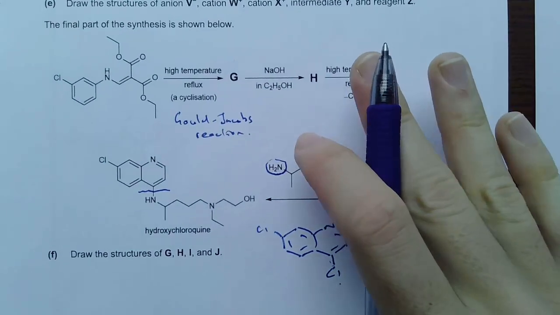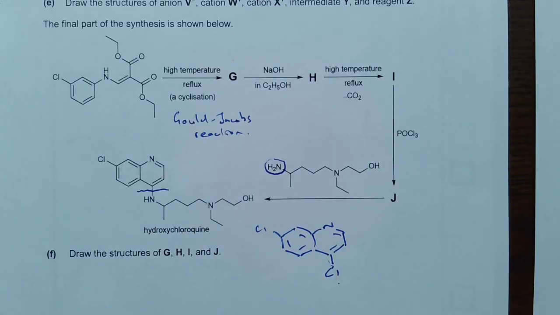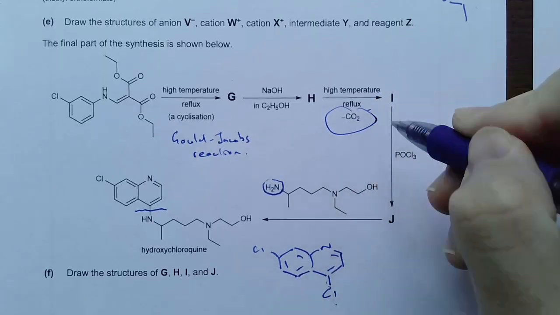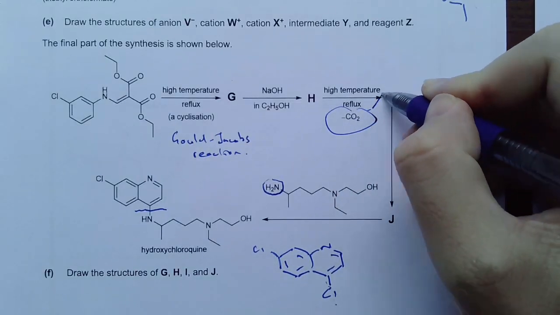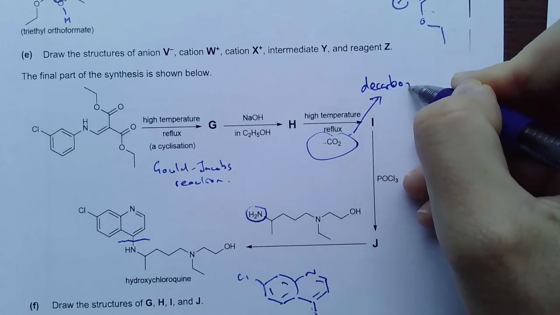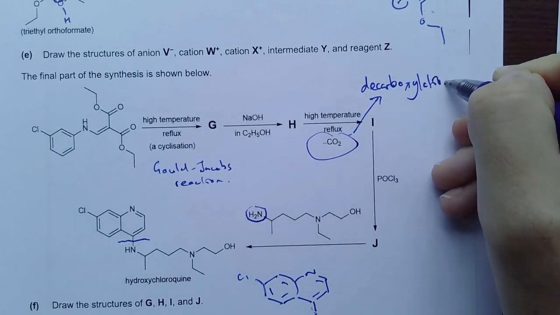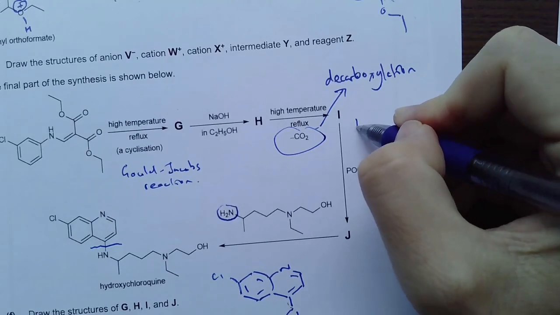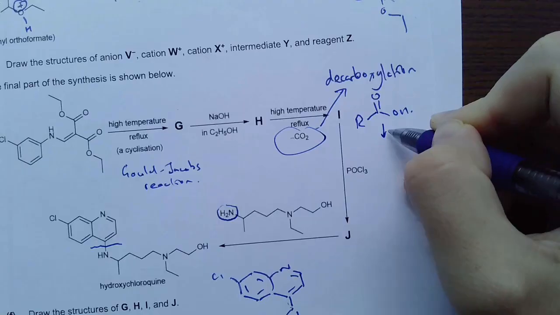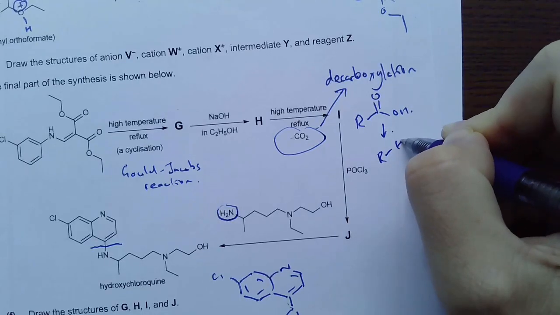Let's go back. Okay, so there's two other things that we can think of. So when I see this minus CO2, that says to me decarboxylation. So what that means is I'm going to have an acid, and I'm going to end up with nothing.